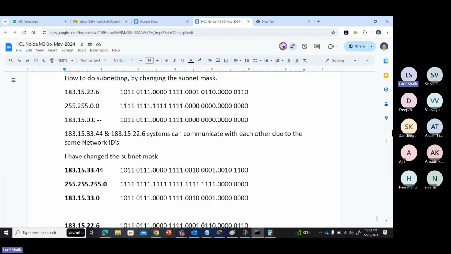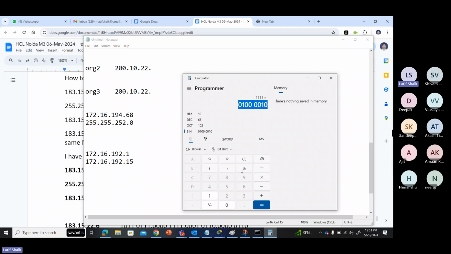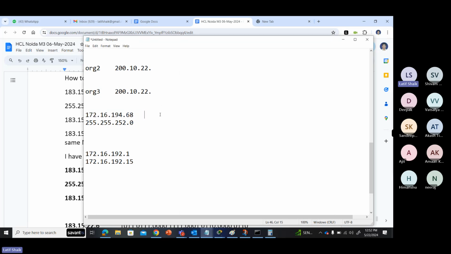So actually, we forget about this one. What is 172 in binary? I don't want to confuse you anywhere, so that's why I'm giving it directly. Otherwise I would normally calculate it. I want to make the calculation easy for you. 16, I know.